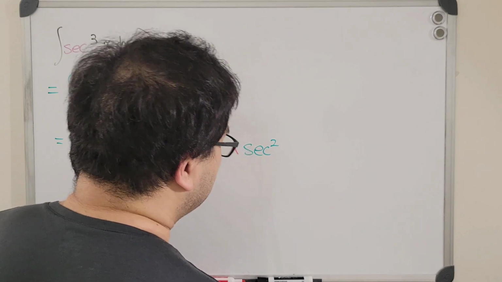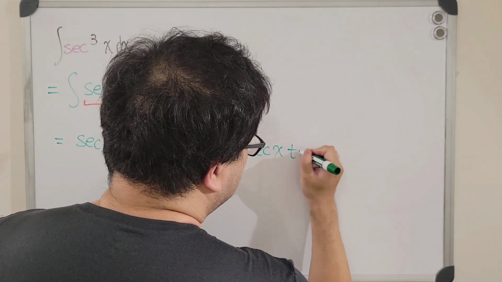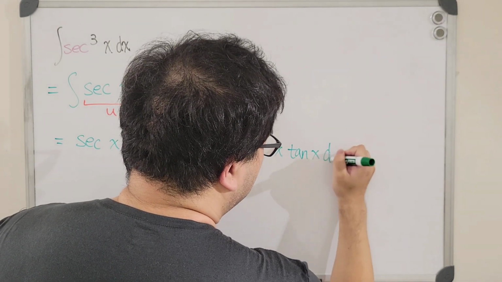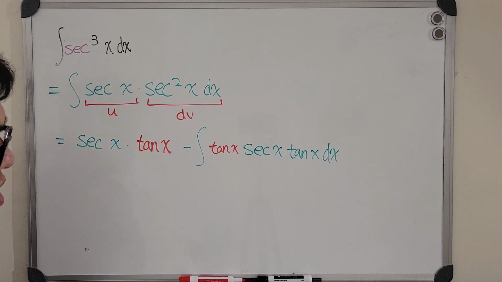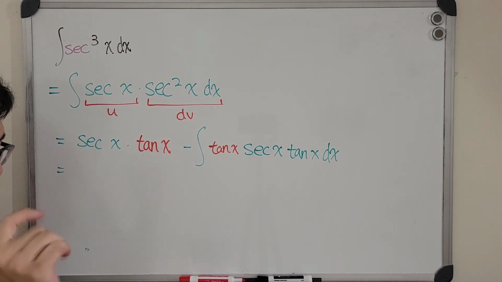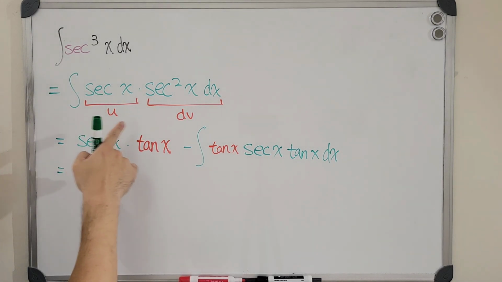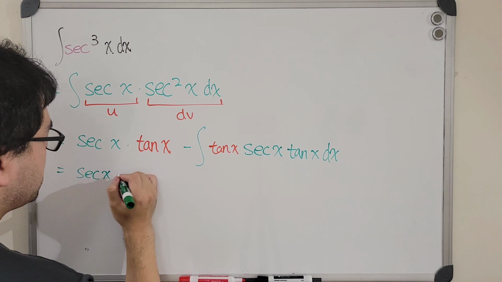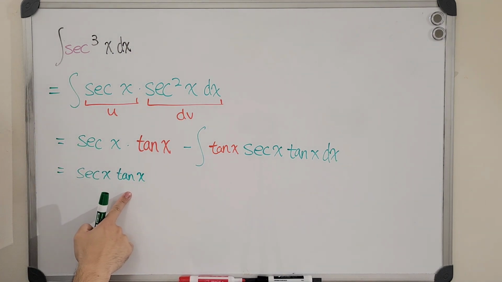No, you will actually get secant x tangent x dx. Good. Why is that good? So first, this part is already solved in some sense that we have no more integrals. So we have secant x tangent x here.